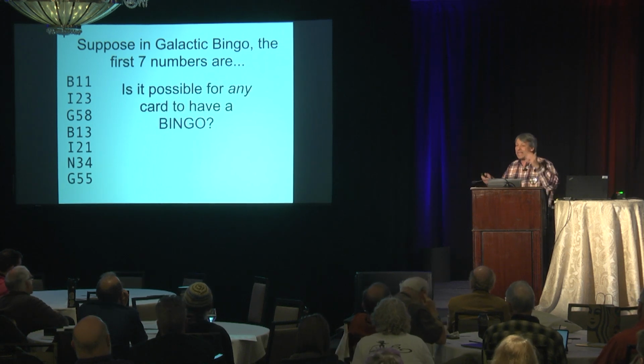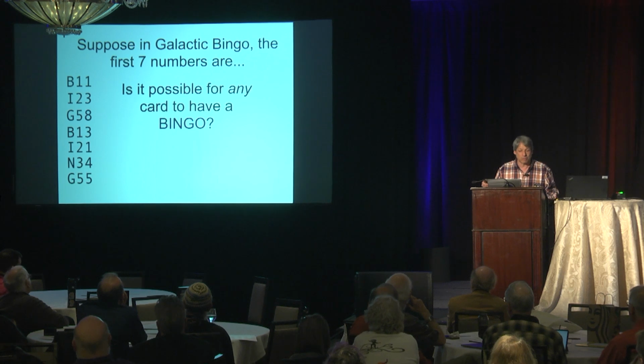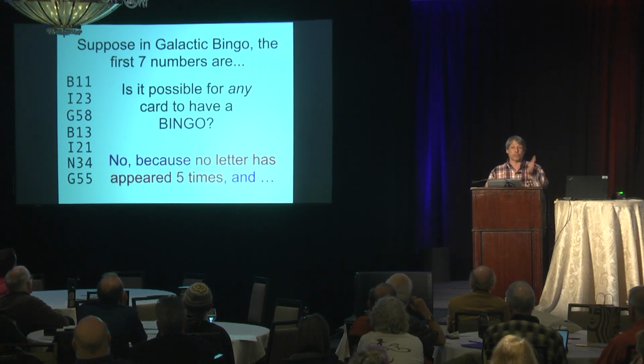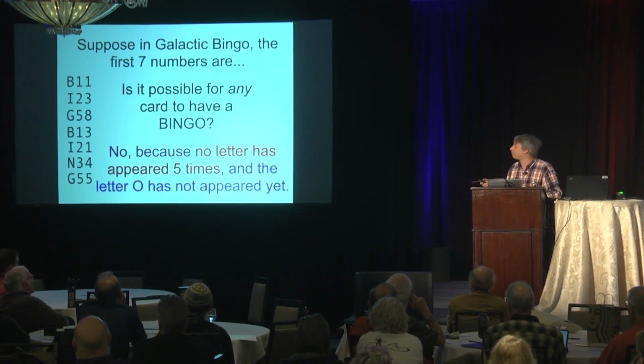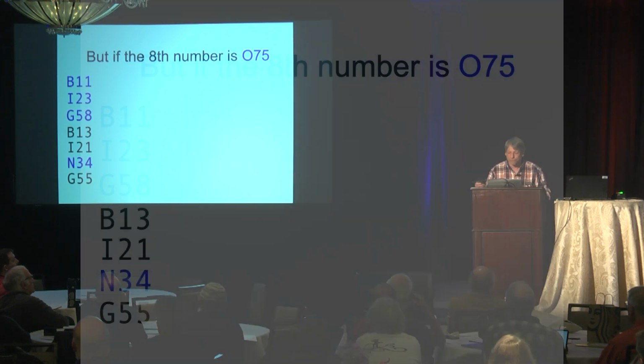Okay, anyway, is it possible at this point for any card to have a bingo? No, because you can't have a vertical bingo because no letter has appeared 5 times. You can't have a horizontal bingo because the letter O has not yet been represented. But now suppose the 8th number was O75.